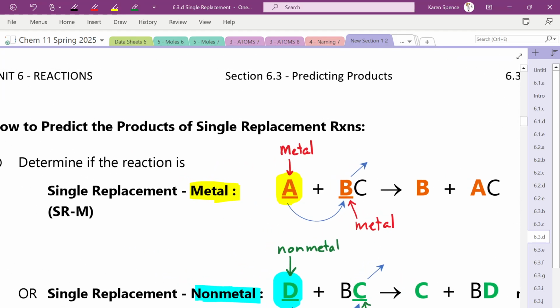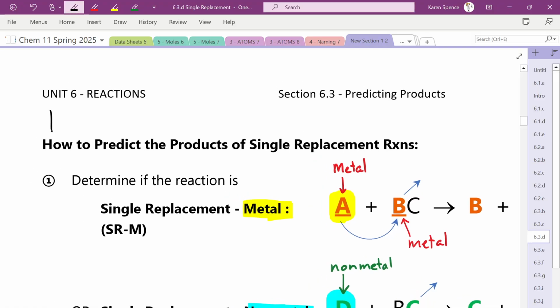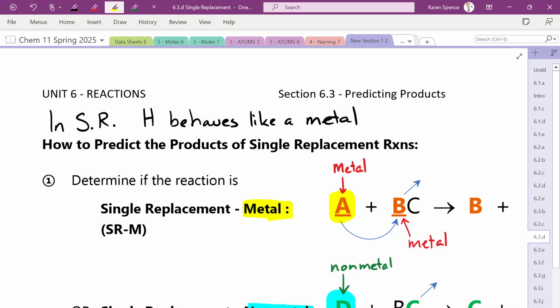In single replacement, hydrogen behaves like a metal. Hydrogen behaves like a metal. Now, why is that? It's because when hydrogen becomes an ion, it becomes H plus.